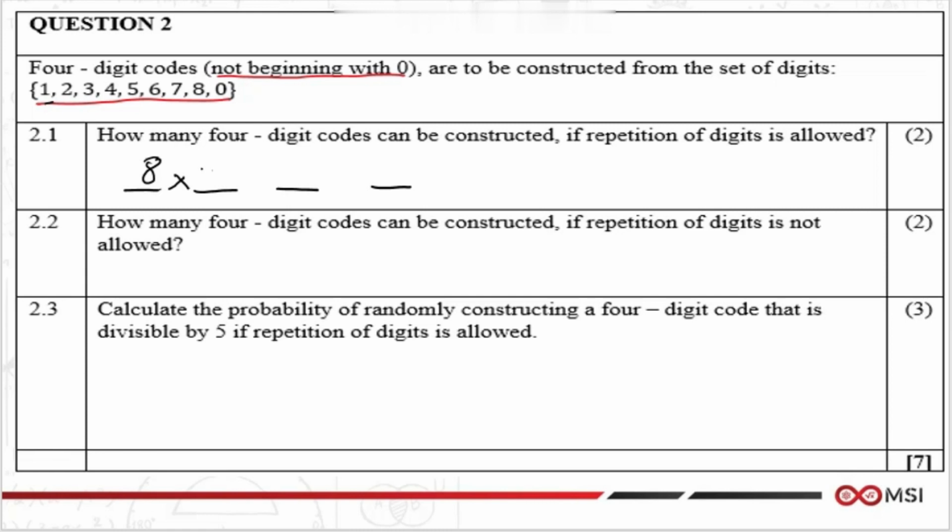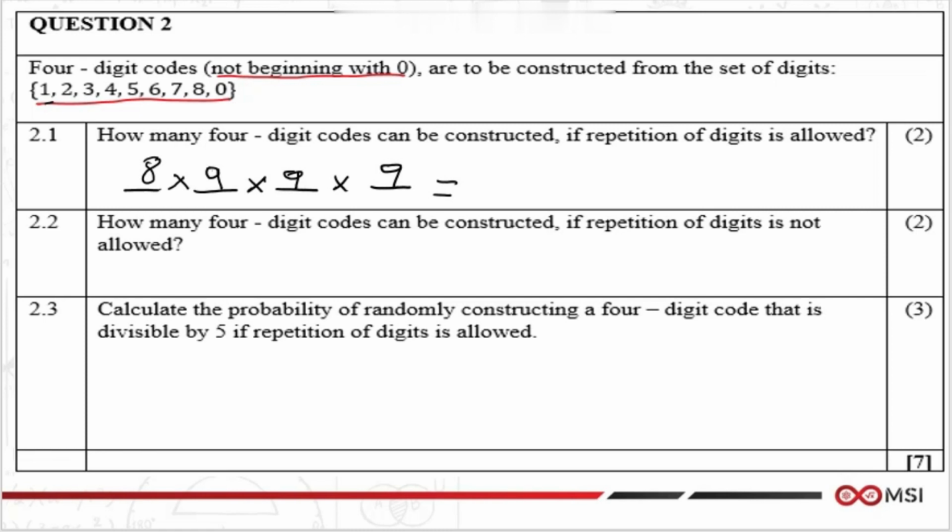So we are looking now at the digits that we are having in our sample space. And also here we are looking at the digits that we are having in our sample space, meaning that this is 9 digits. And also here we are looking at all digits that we are having in our sample space, because they said repetition of digits is allowed.